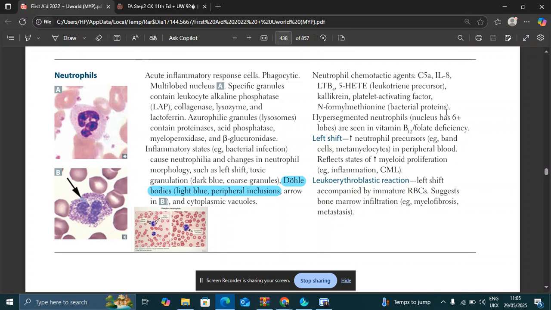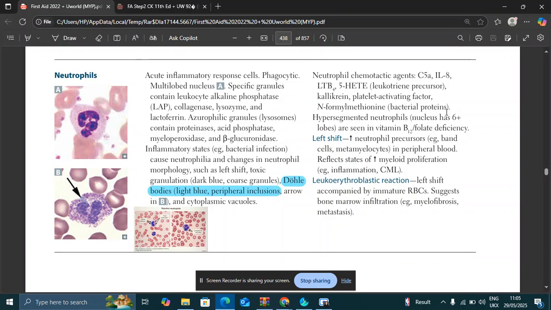I'm repeating it, if the nucleus of the neutrophil, okay? Every neutrophil has a nucleus. So if the nucleus of the neutrophil has six or more lobes, usually the neutrophils have four or five lobes, okay? But if the nucleus of the neutrophil has six or more lobes, this type of neutrophil is called hypersegmented neutrophils.